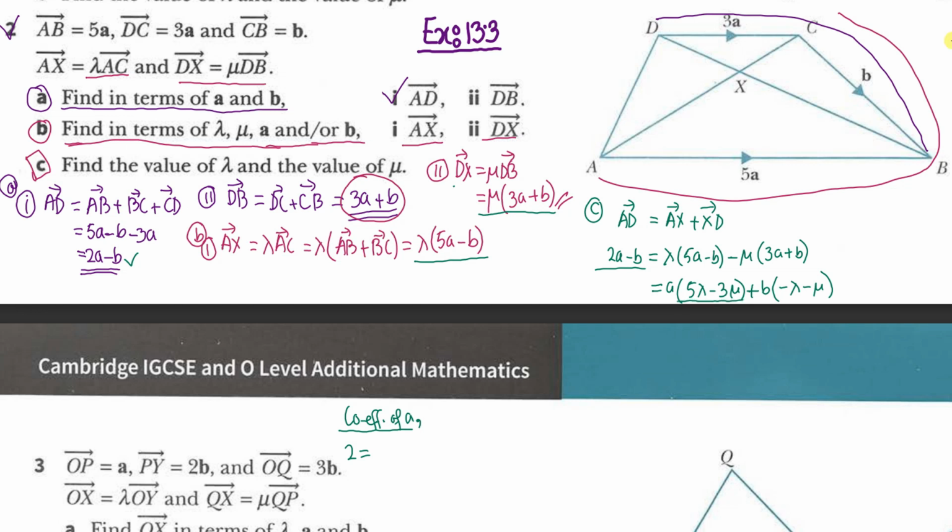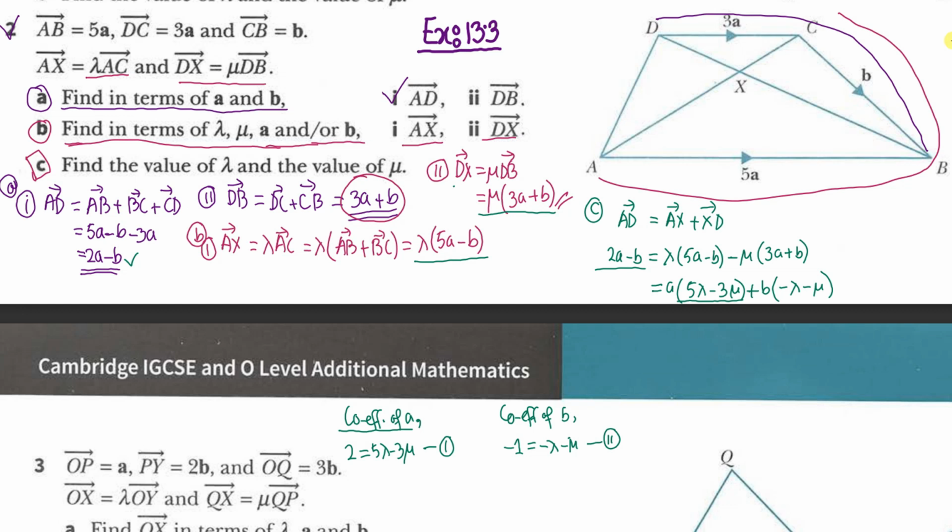Let me write 5 lambda minus 3 mu. We can call it equation number 1. Then if we equate the coefficient of b, it should be minus 1 on the left side, because only the minus 1 remains, and on the right side it is minus lambda minus mu, equation 2. We just needed to solve those two equations, that's it.